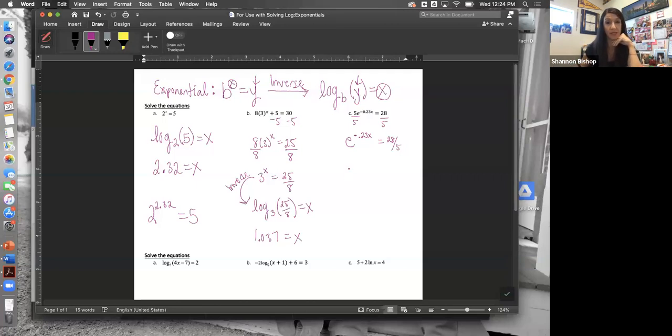You might be tempted to put log base e of the result I'm trying to make, 28/5, and the exponent is negative 0.23x. Everything I just wrote is perfectly correct. Nothing wrong with it at all.